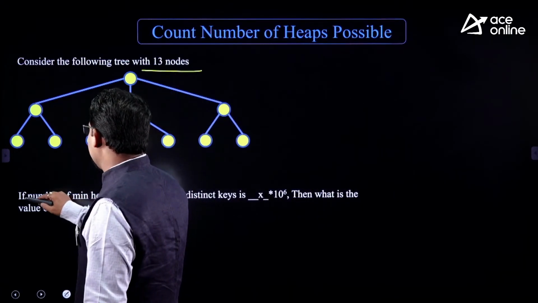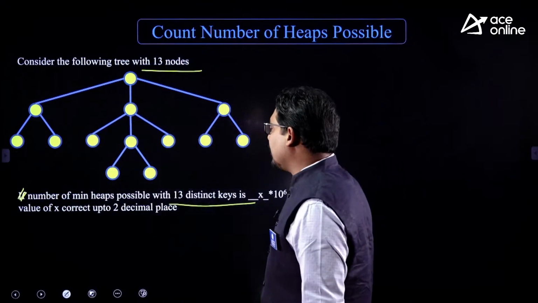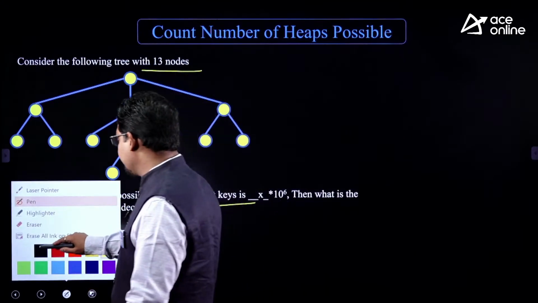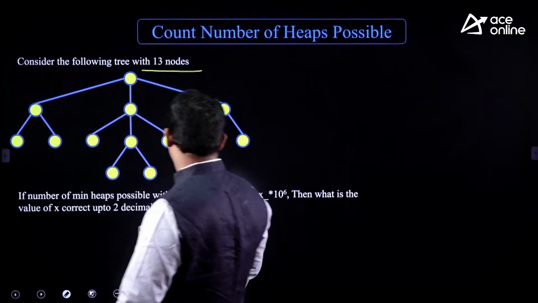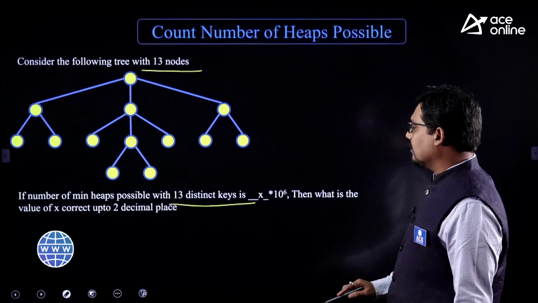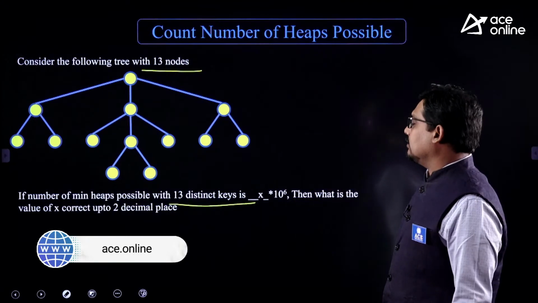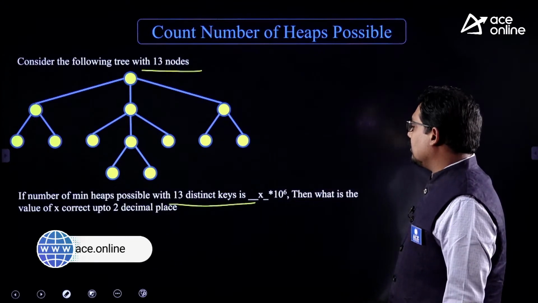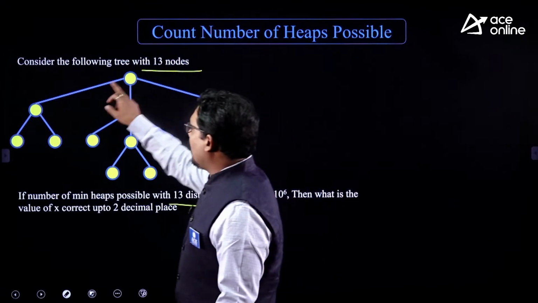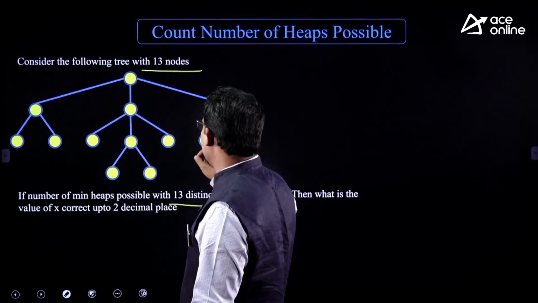What is the number of min heaps possible with 13 distinct keys? If the number of min heaps possible with 13 distinct keys is x into 10 to the power 6. Why 13 nodes? Because here 1, 2, 3, 4, 5, 6, 7, 8, 9, 10, 11, 12 and 13.